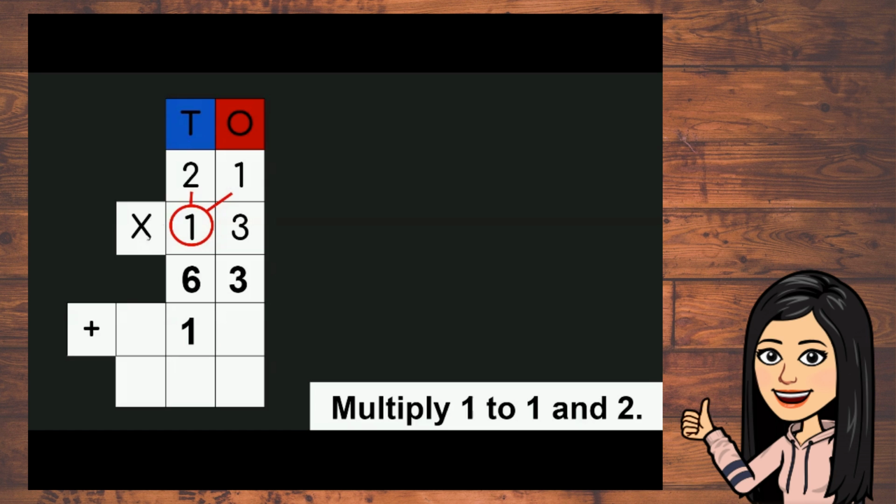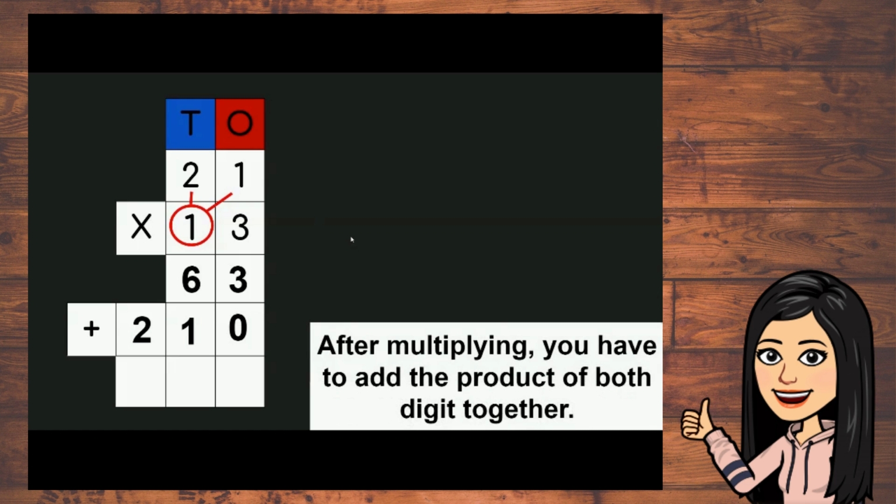So, we have to multiply 1 to the digit on the tens place. So 1 times 2 is equals to 2. And then, as I've said earlier, you just have to put 0 on it so that you won't be confused. Or you just bring it down and that's okay. So now, after multiplying, you have to add the product of the both digits together.